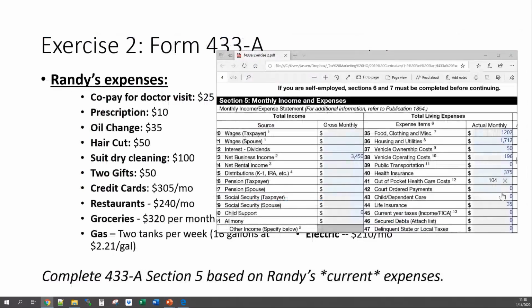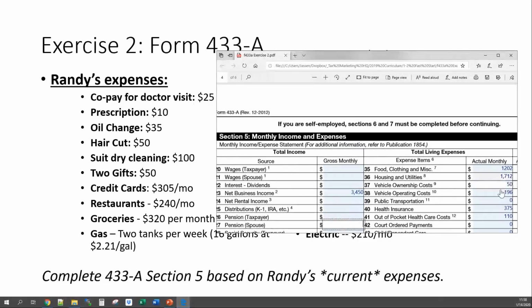That is 110 a month. And so the taxpayer is actually paying $35 a month in the example, but they're able to claim 110 a month because that's what the IRS allows. Okay. An oil change, that's a vehicle operating expense.